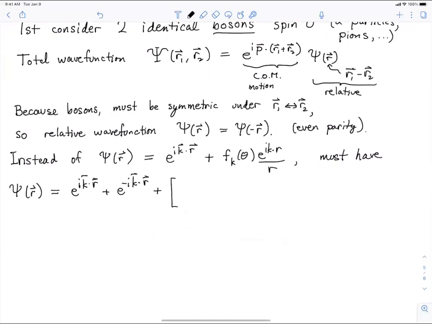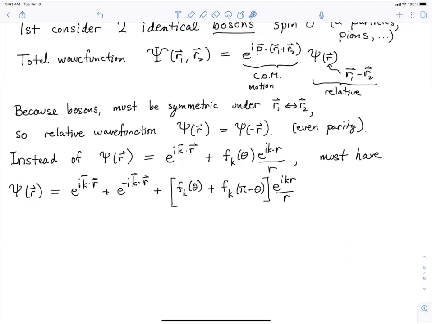And then there's a scattering amplitude that depends on theta, but it has to come with another part that depends on pi minus theta. And the reason for that is so that this thing will be the same for r goes to minus r. So there's a factor of e to the ikr over r. If I replace r by minus r, the magnitude of r doesn't change.